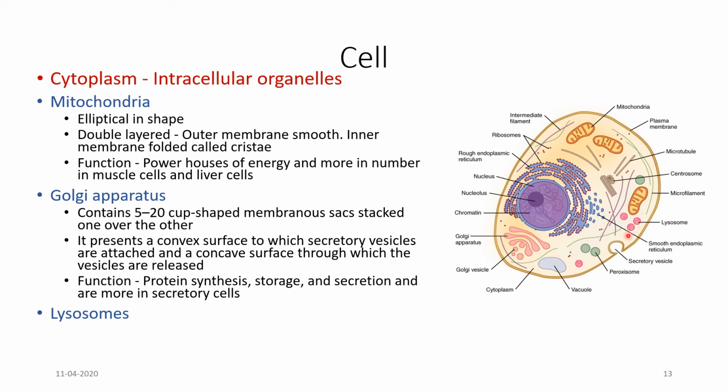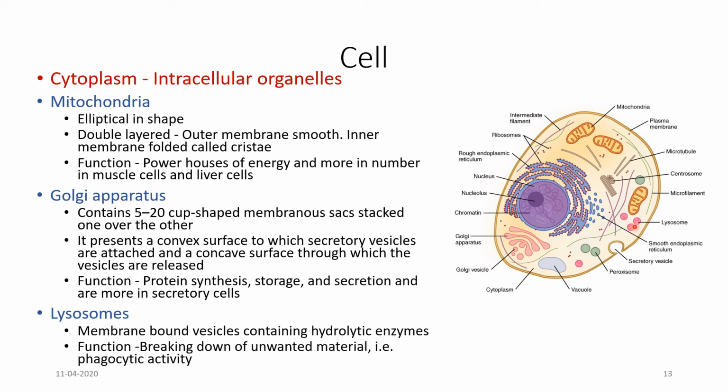These are the lysosomes you are seeing, and they are membrane bound vesicles containing hydrolytic enzymes. Their function is they are concerned with breaking down of unwanted material, that is phagocytic activity.